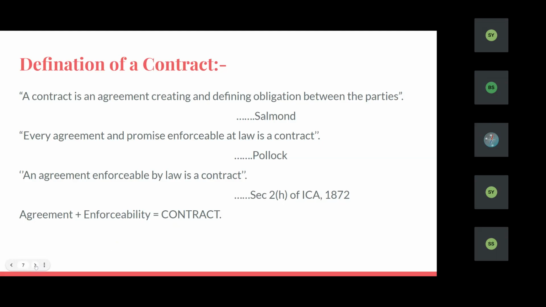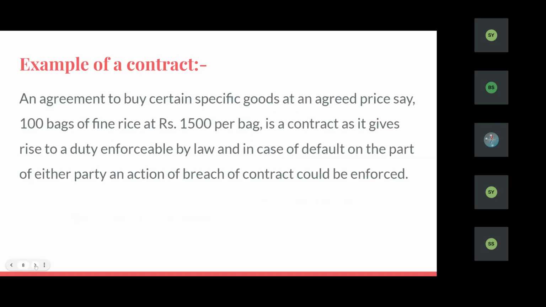There must be an agreement, and it must be capable of performing. Also, it must be legal in nature. Illegal things cannot be done, and you can't call it a contract. And mind you, you cannot go to the court asking for compensation for an illegal contract to be done.